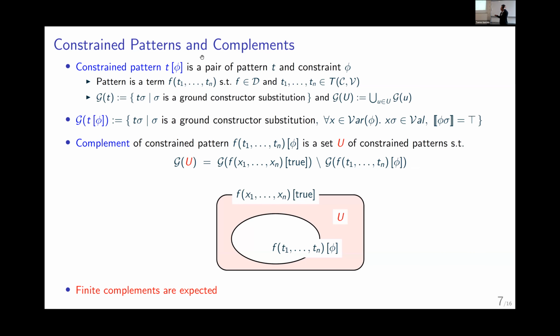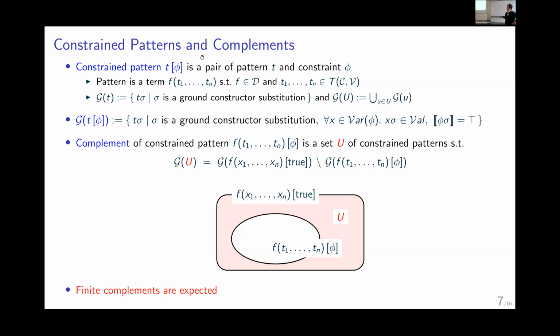Now I explain constraint patterns. A constraint pattern is a pair of a pattern and a constraint. So a very simple definition. The pattern has a constraint, and the ground constructor instances of the constraint pattern form this set: the set of T sigma, where sigma satisfies constraint phi.